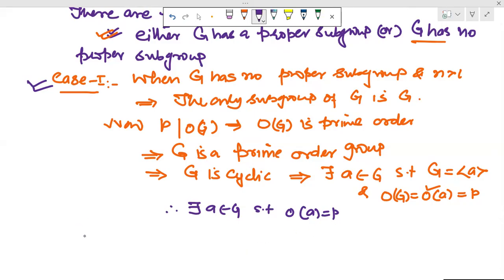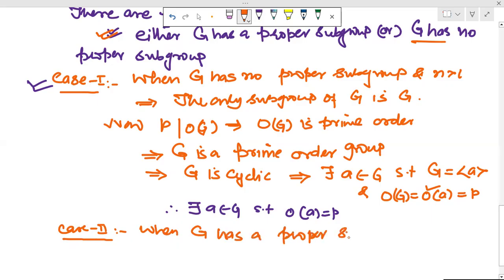Now the second case is case two. This is the case when G has a proper subgroup. Right? For the second case, we will see what happens when G has a proper subgroup.